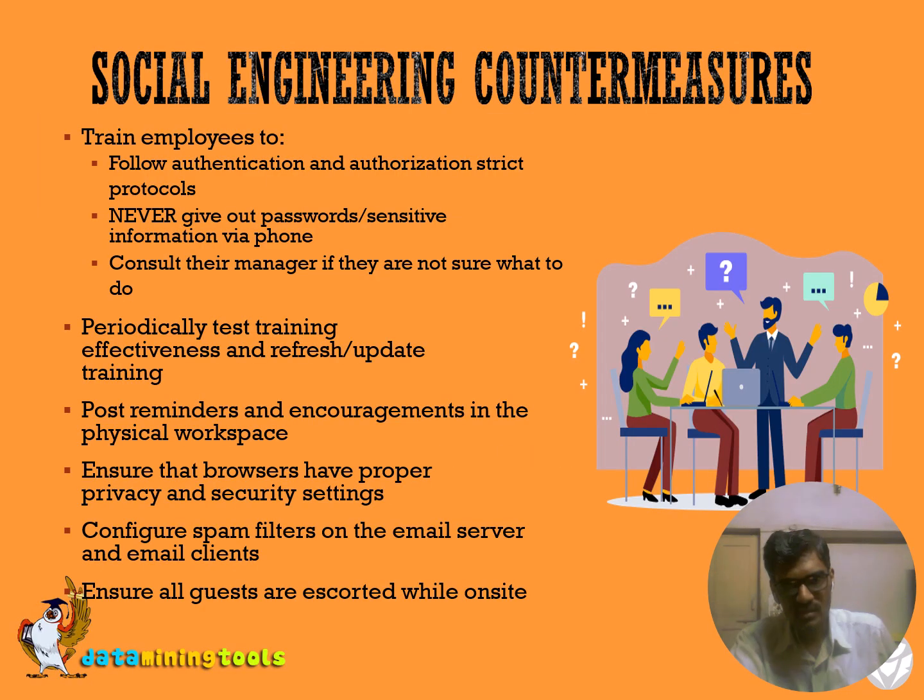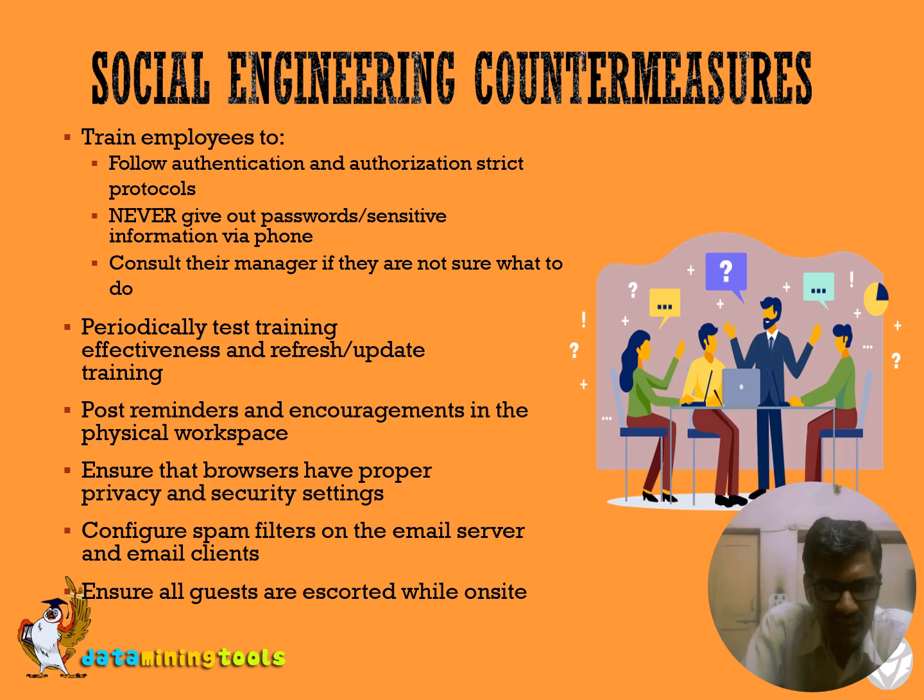Next, social engineering countermeasures. First, train the employee on security policies and data protection policies. Periodically test training effectiveness and refresh updates. Post reminders in the physical workspace encouraging people to be careful with their data. Ensure the browsers have proper privacy and security settings.